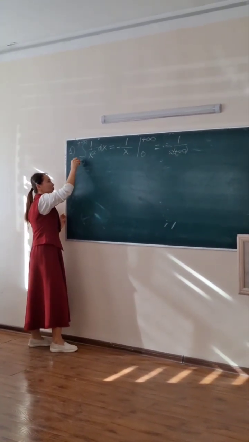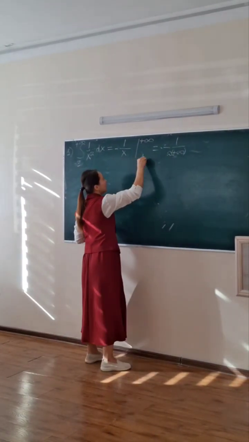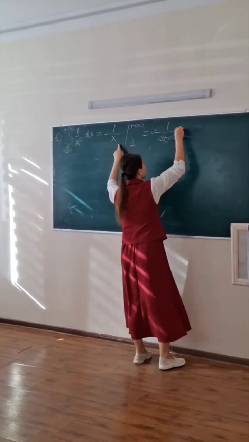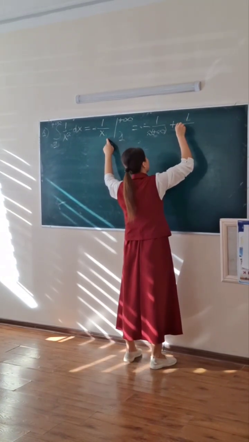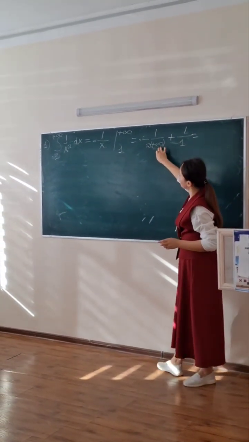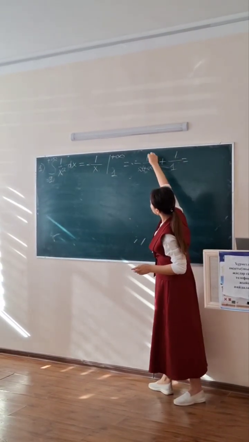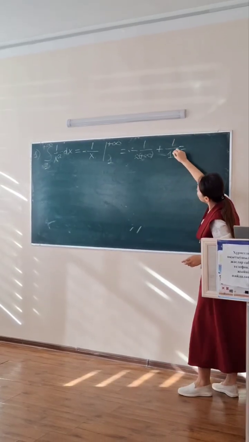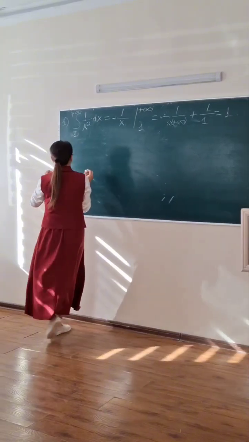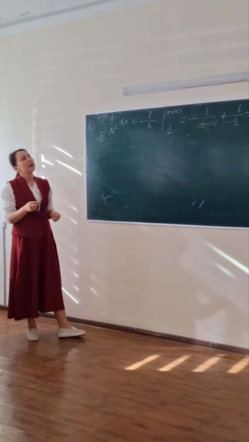It's not 0, it's 1. From the Leibniz formula, minus 1 over plus infinity plus 1 over 1. We all know 1 divided by plus infinity is equal to 0, and 1 divided by 1 is equal to 1. So we can solve this problem: it's equal to 1.